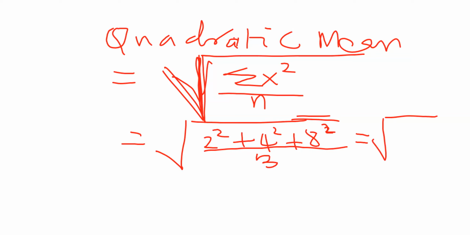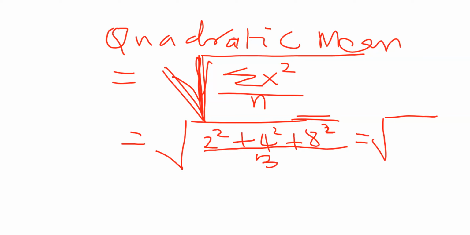You can just type 2 squared plus 4 squared plus 8 squared, divided by 3. That means 4 plus 16 is 20, 20 plus 64 is 84, divided by 3.